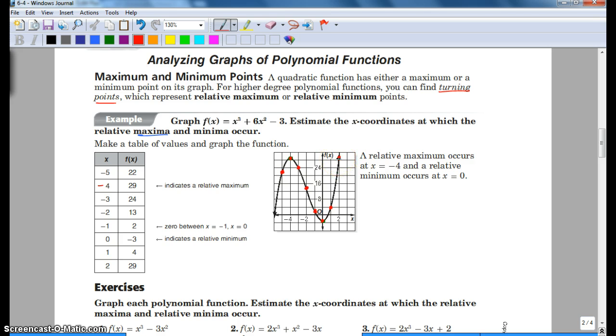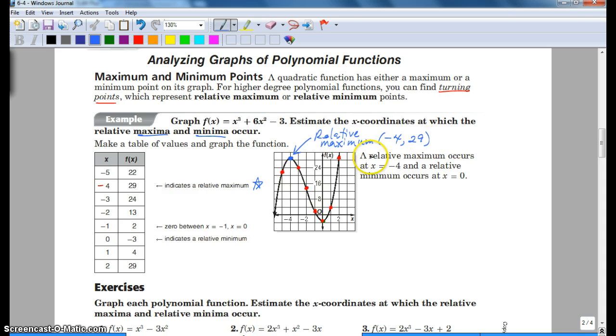So as far as distinguishing between a relative maximum or a relative minimum, as we can maybe point out here and here, the maxima and the minima, well, there's only one maximum, which is here, which has the ordered pair, as I'll highlight here, negative 4, comma, 29.